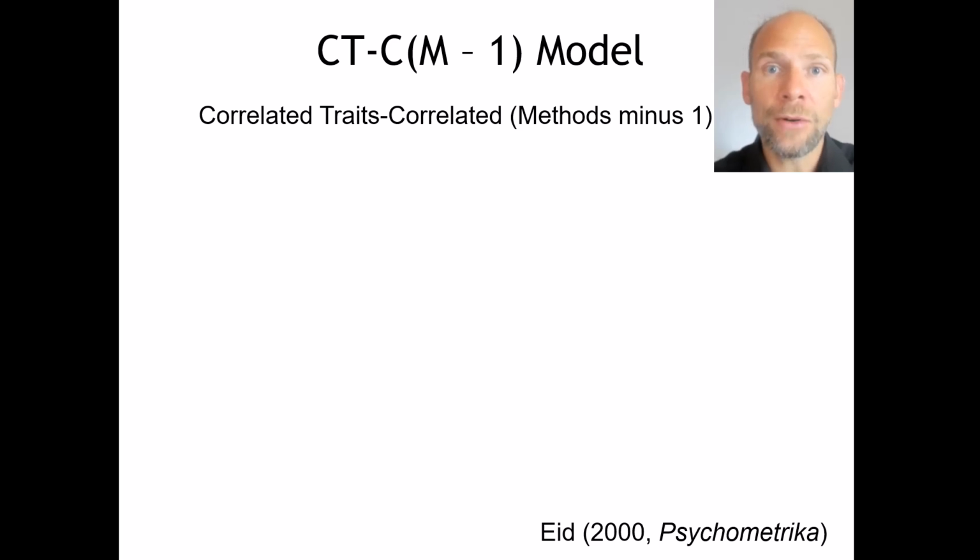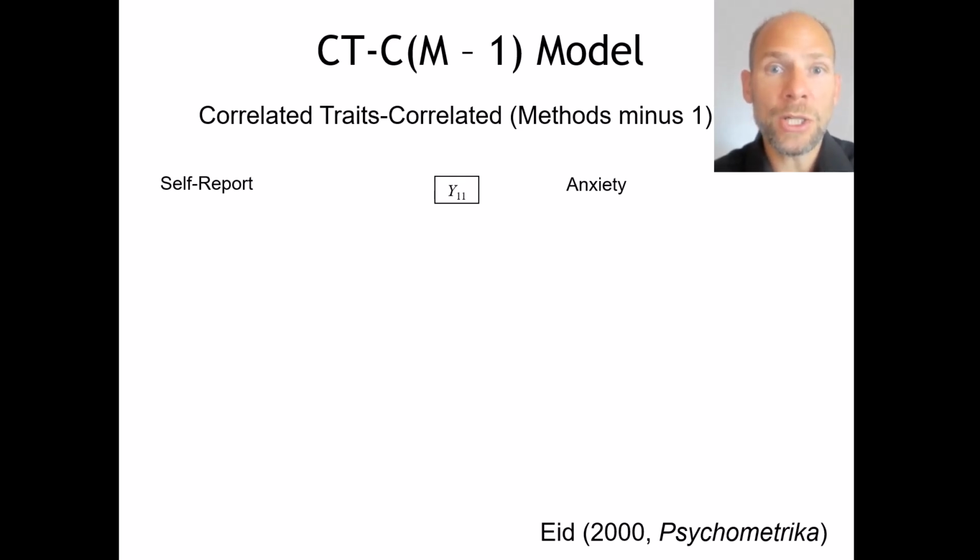So let's take a look at what the CTCM-1 model looks like. And so we'll start slow, variable by variable. Imagine you have a design where you're measuring anxiety, for example, by self-report. So you have a self-report measure of anxiety, for example, an anxiety questionnaire that individuals fill out to rate their own level of anxiety.